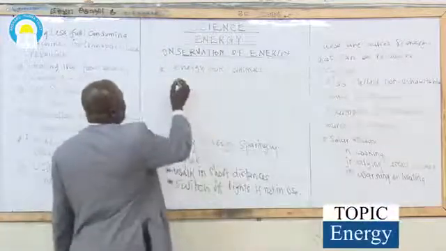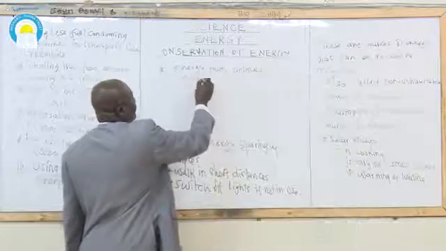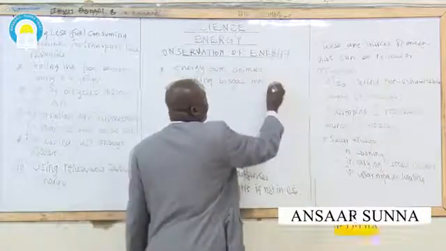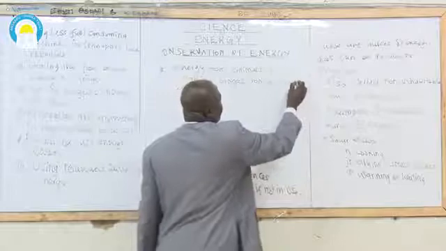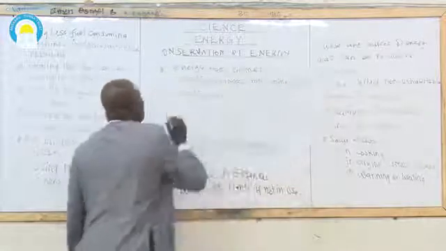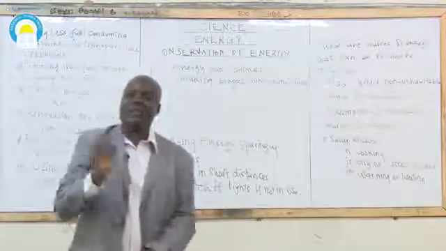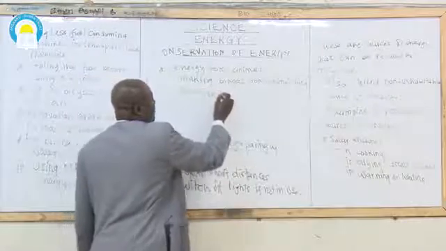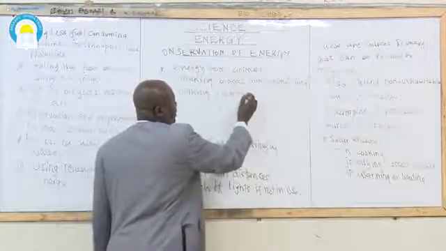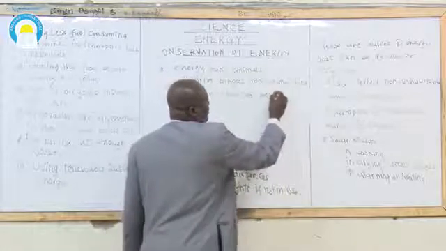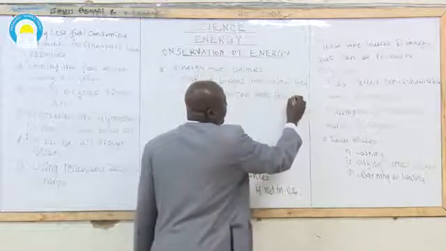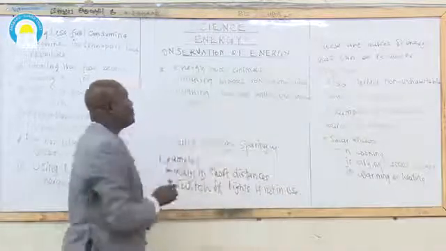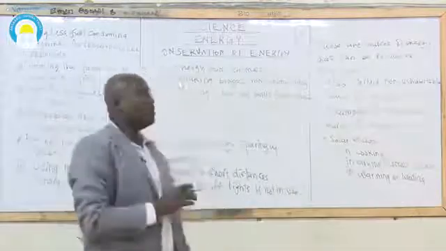Energy from animals, e.g. making biogas from animal dung. 2, we can also make charcoal balls from cow dung. So those are the ways we can use energy from animals.